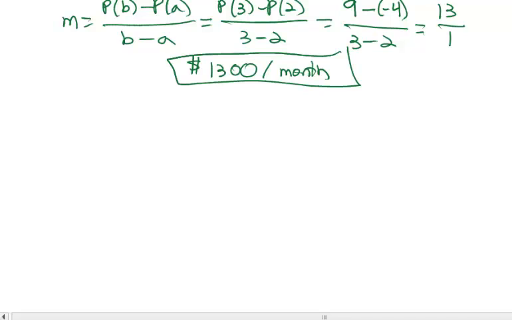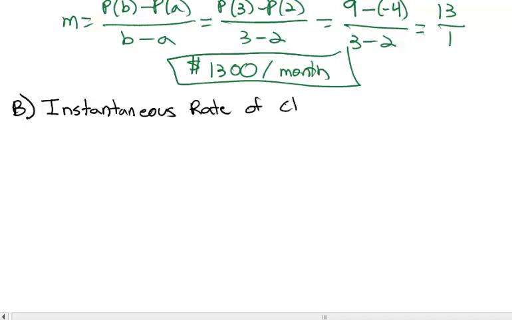When we want to know what's happening right now, how are things changing right now, we call that the instantaneous rate of change.